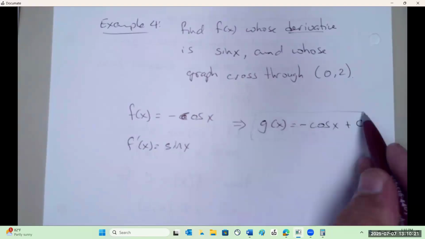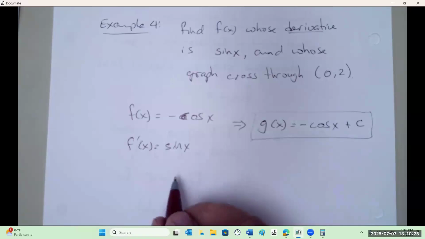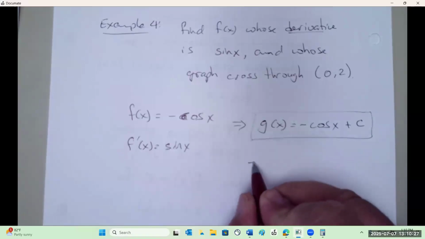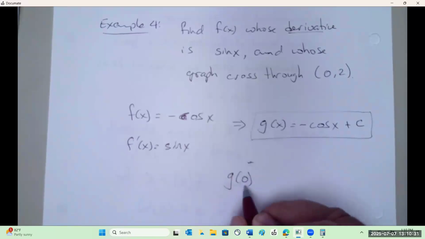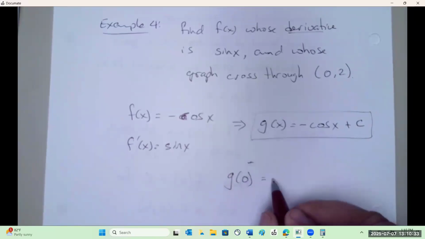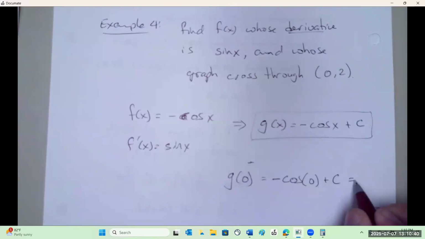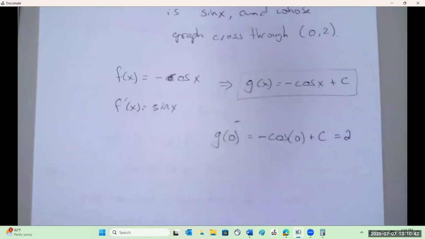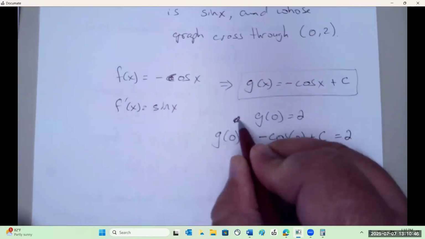So this function has to pass through the point 0, 2. So we have g of 0 has to equal negative cosine of 0 plus c. This has to equal 2. G of 0 has to equal 2.